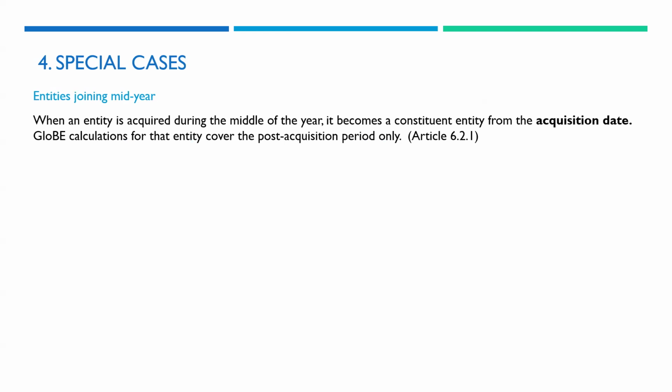So for finding GloBE taxes and GloBE calculations, we will only take the post-acquisition period. We'll come to GloBE calculations later, but you have to understand that when an entity joins mid-year, we will only take the time from when it joined for GloBE calculations.